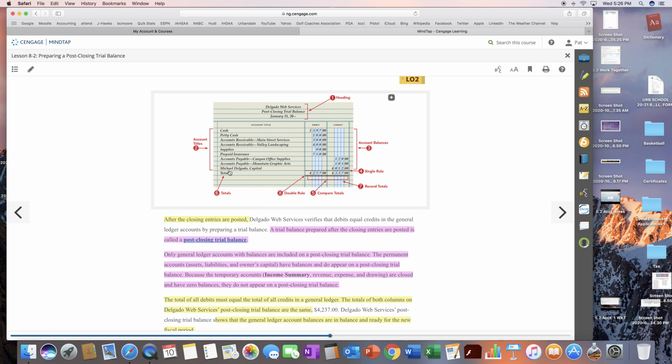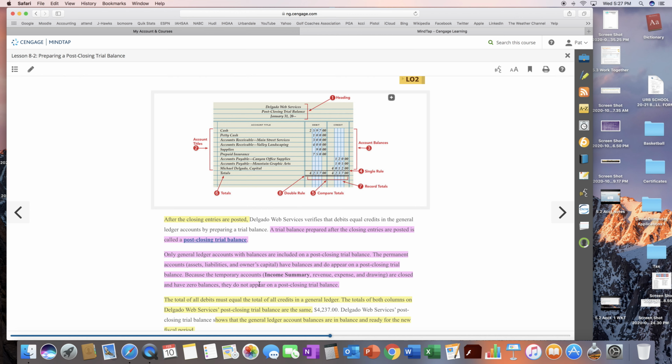Only accounts with balances appear. Only the permanent accounts appear in the post-closing trial balance. Temporary accounts appear in the post-closing trial balance. True or false? False. Only permanent accounts. Accounts with balances will be moving on to the next fiscal period. The total of debits must equal the total of credits in the general ledger.